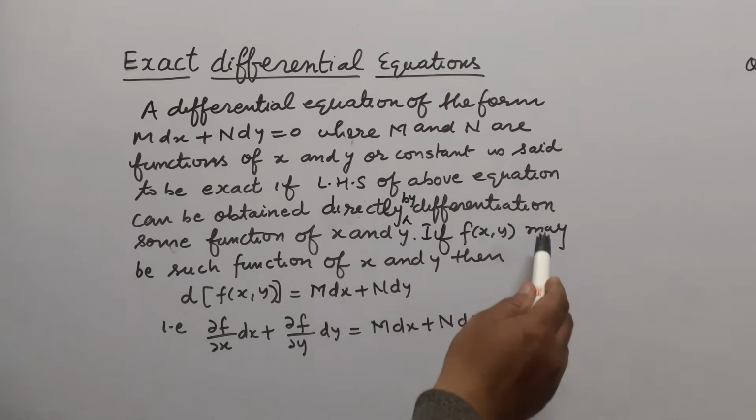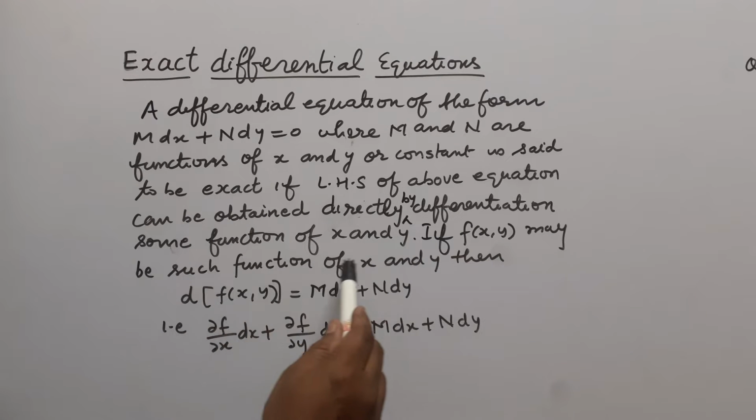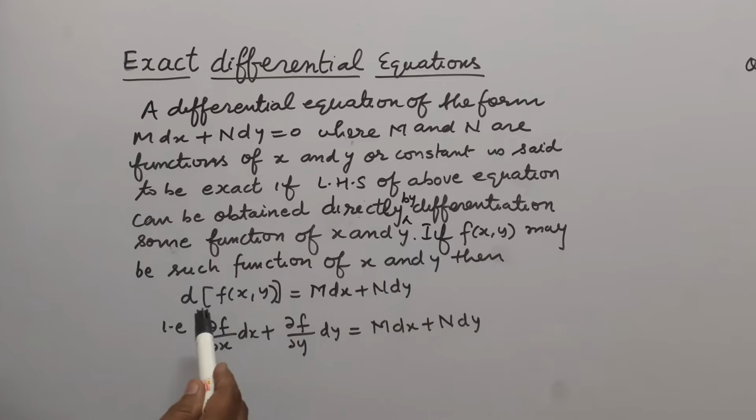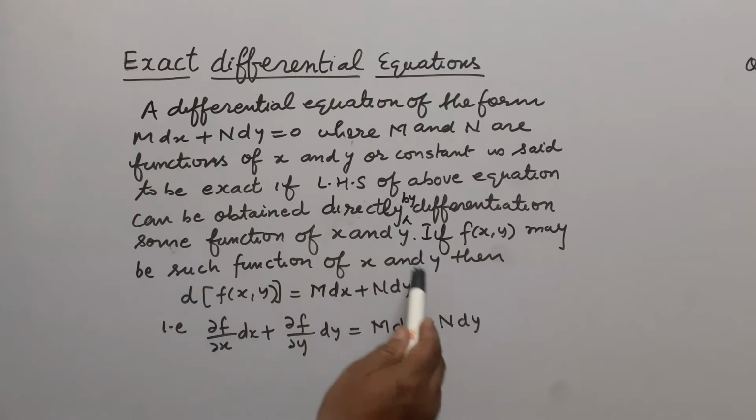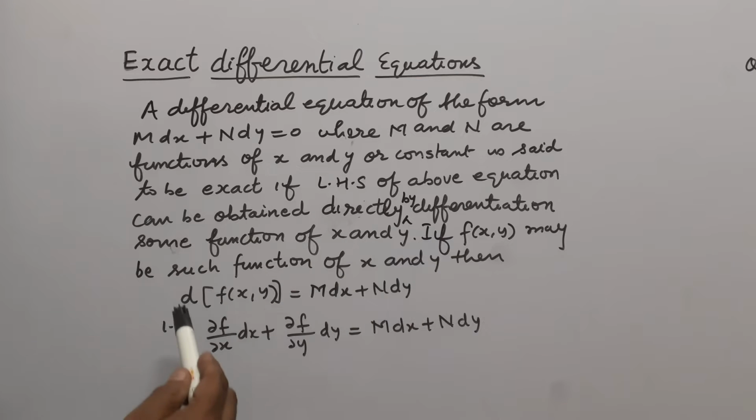If f(x,y) may be such a function, then differentiation of f(x,y) is equal to M dx plus N dy. When we differentiate f(x,y), we can write del f by del x into dx plus del f by del y into dy is equal to M dx plus N dy.